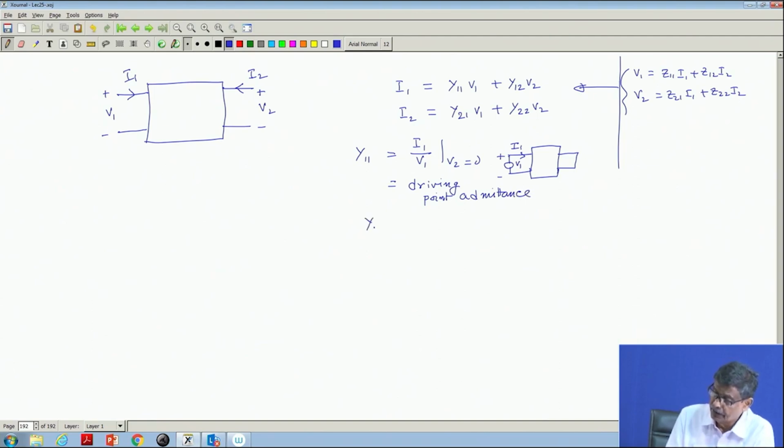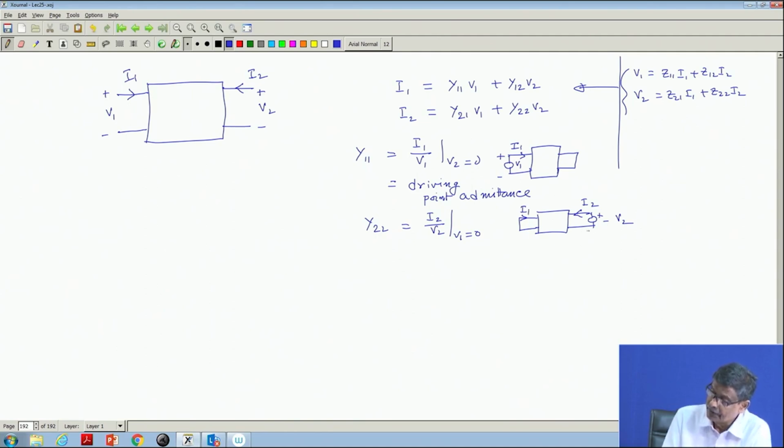Similarly, you can see Y22, from the second equation, is equal to I2 by V2 with V1 equal to 0, isn't it? And I2 by V2 means you excite the second port, the output port, with a voltage source. So excite it with V2, this is I2, and V1 equal to 0 means this is shorted and this is I1.